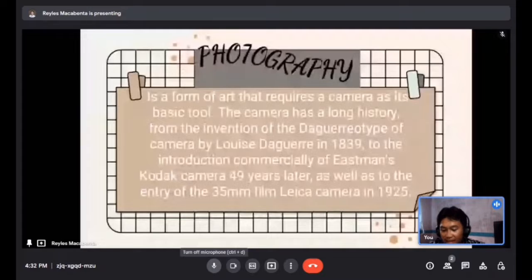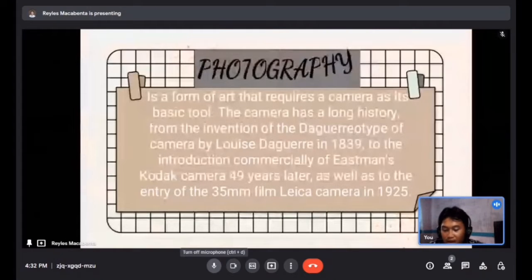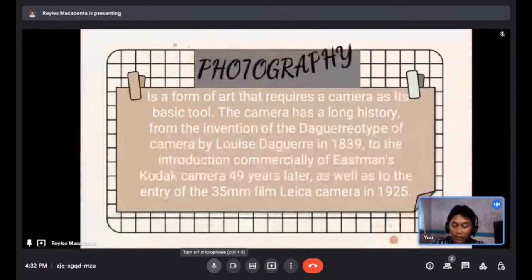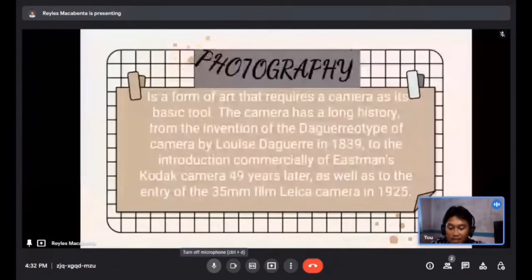Since then, people relied on a camera to record not only significant events of their lives, but even ordinary day-to-day affairs.